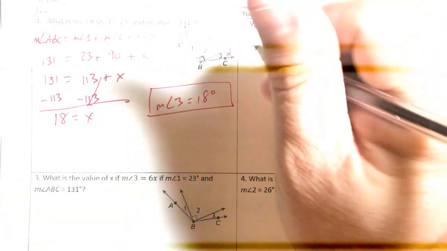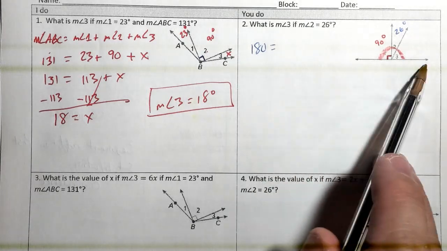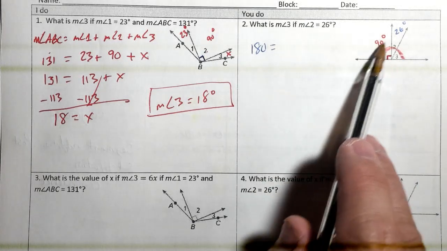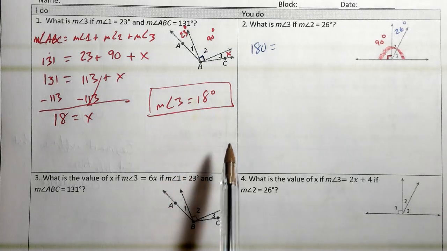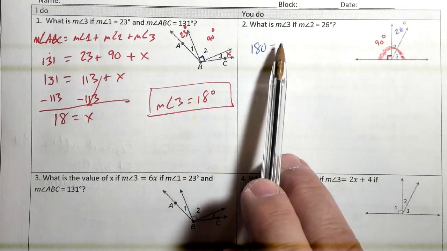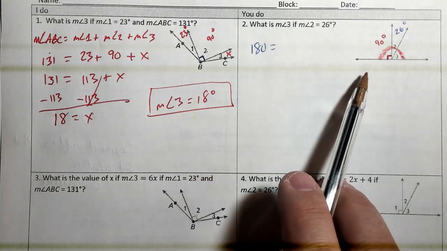So when we go to solve this, that's why it didn't give us a total, because it wanted us to know that this line is worth 180. So all three of these angles are worth 180. So 180 equals the measure of angle 1, 2, and 3. I don't have to write that out again, you guys know.